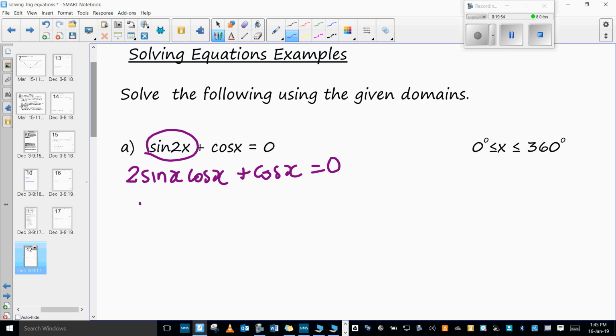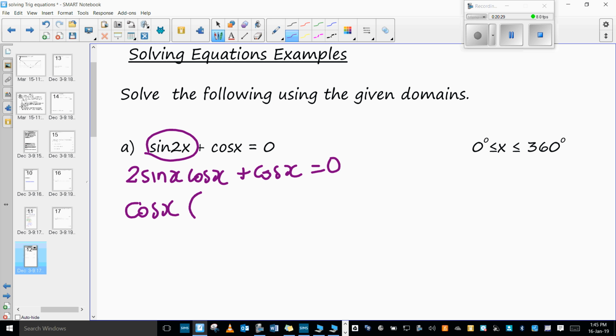But what can we see about this first term and this second term? What do they both have? A cos x, yes? And when an expression has a repeated thing, what can we do to that expression? Factorize it. Okay, we can factorize it. So I'm going to bring to the front cos x.